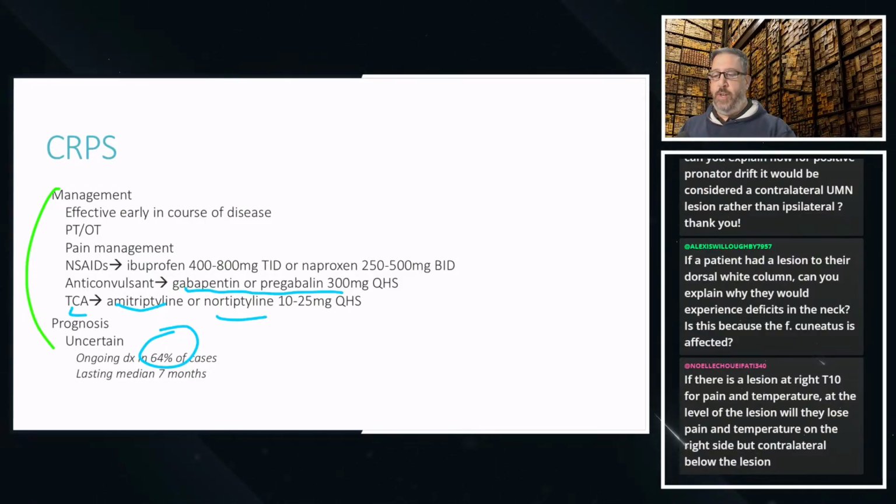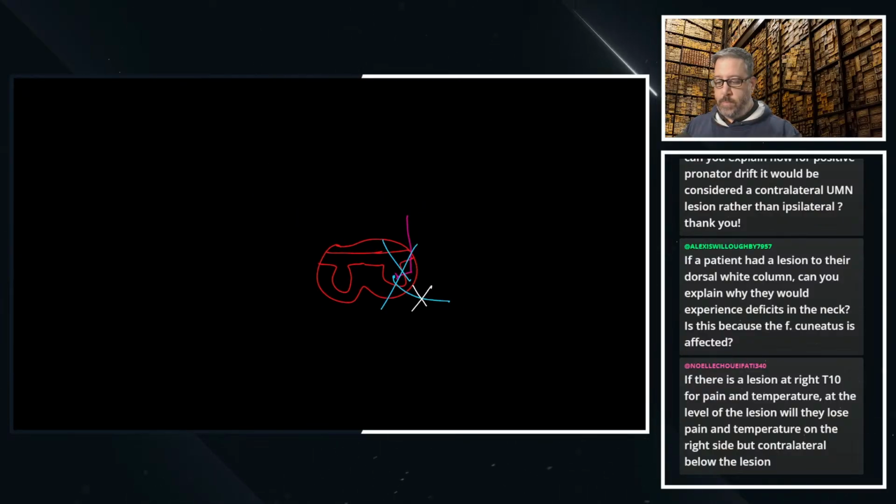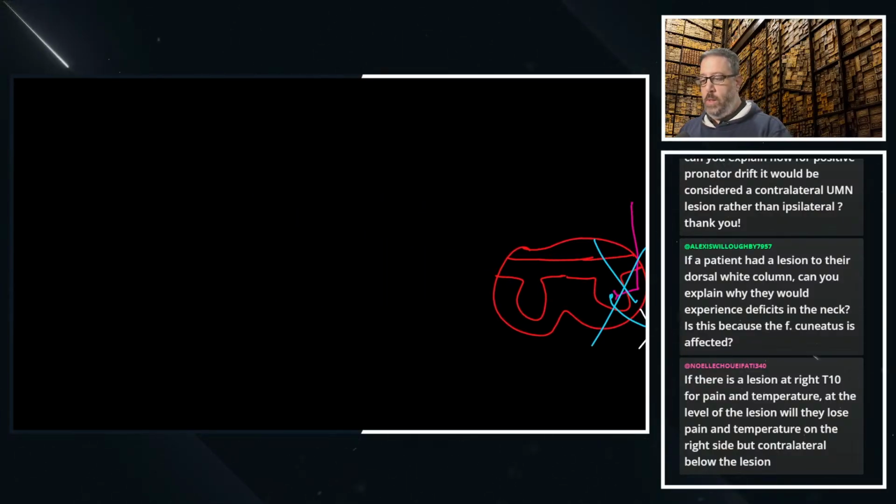Okay, pronator drift. So arms are up and then they fall. Contralateral, because, this is a bad picture of the brain.